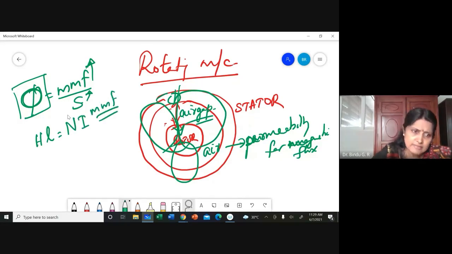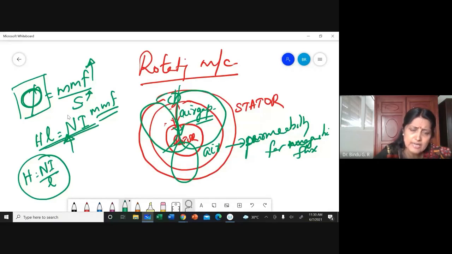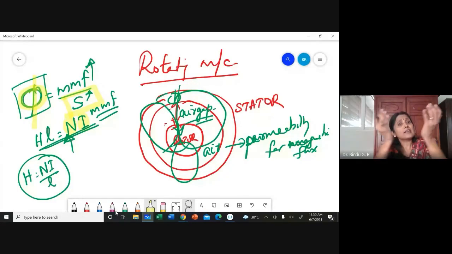We said that H is equal to Ni by L. So cross multiplying, HL is equal to Ni. If it is a solenoid or an electromagnet which I'm thinking about, I may have to either increase the number of turns, or increase the current I so as to maintain the flux the same even when the reluctance is very high. Through the air gap I have to push the flux, which means I have to increase the MMF.